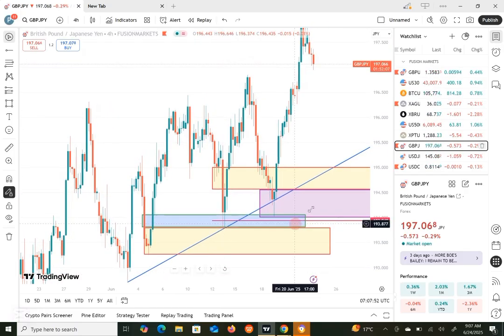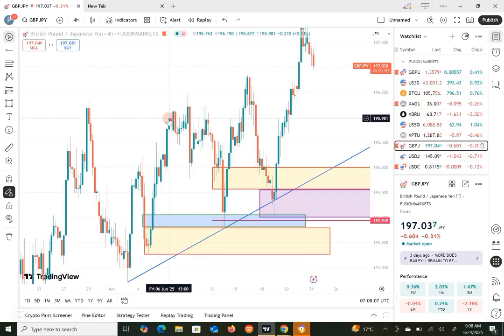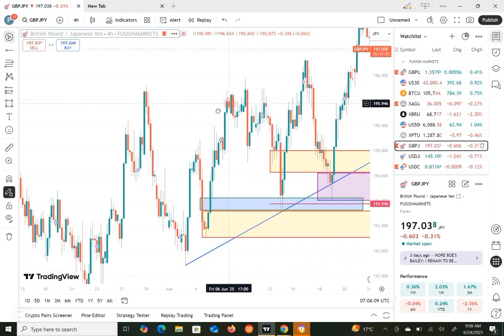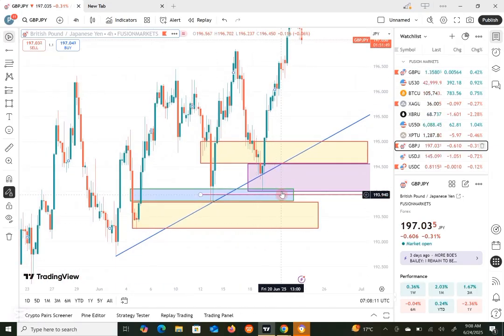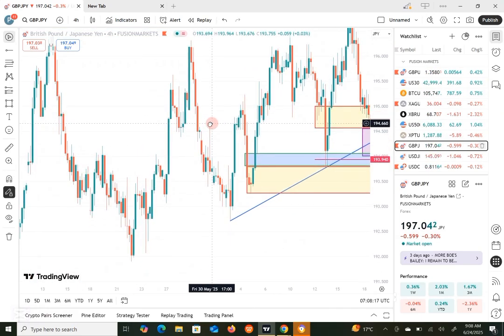But I like trading retests to these order blocks more than the FVG. But you can always enter here, but then that widens your stop loss because your stop loss is still right at the bottom here. But if you practice proper risk management, you'll be able to fare well. You'll be able to take your trades well. So that's it about our order blocks and the fair value gap.